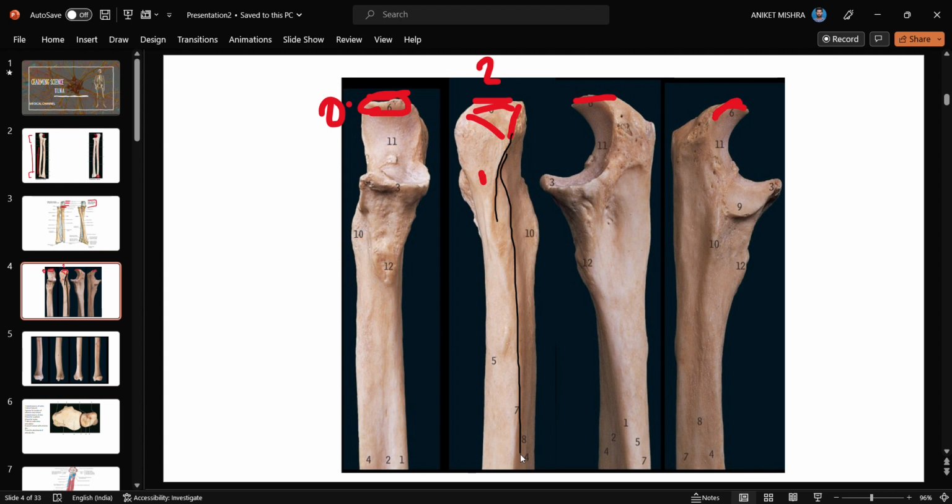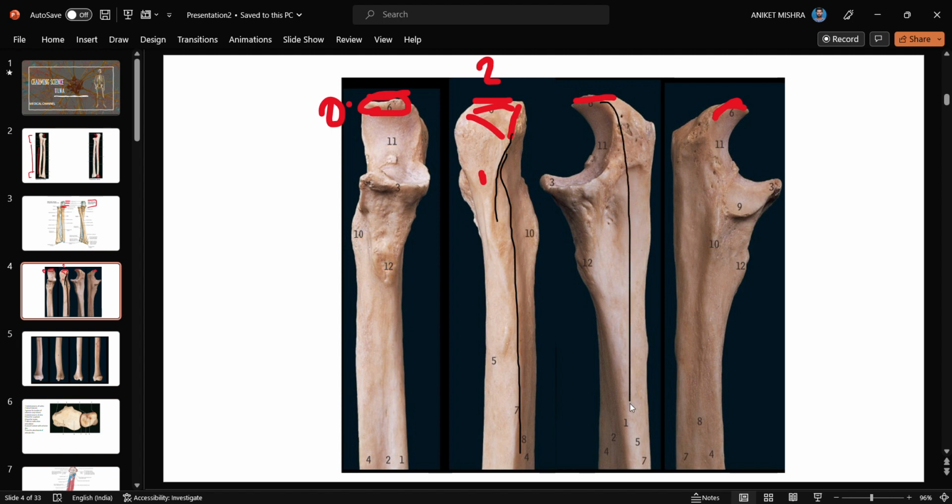When we look toward the medial surface of the olecranon process, the medial surface is continuous inferiorly with the medial surface of the shaft. So when we see the medial surface, it continues with the shaft.